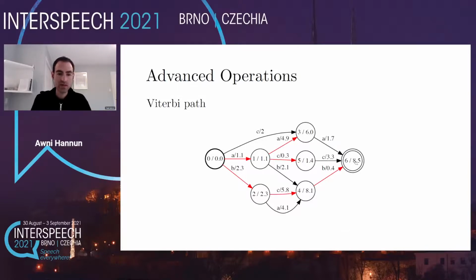And then when we get to the final accept state, if we traverse backwards following these red arcs, that will give us the Viterbi path for the graph. These are often referred to as back pointers in dynamic programming. You just have to keep a record of which arc achieved the maximum as you're going forward. And then when you're done, you just traverse those back pointers and you get the Viterbi path itself.